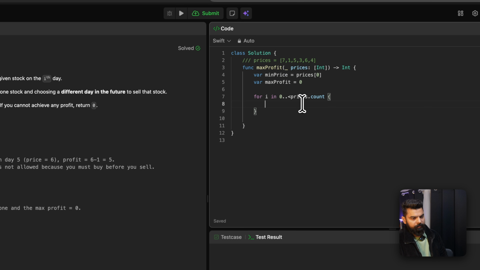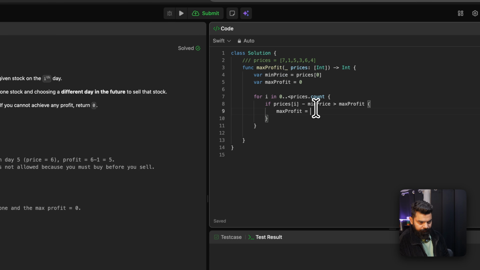Okay. So here now we will be putting our first condition. We will be checking max profit, and then we will be updating min price as well. So if prices[i], so this guy, minus min price is greater than max profit, then in this case we are going to update our max profit.